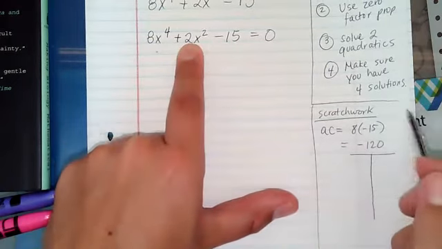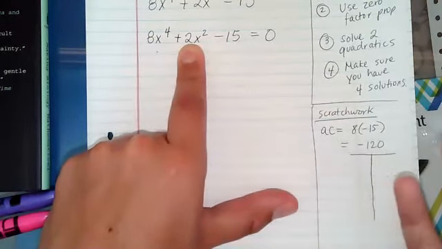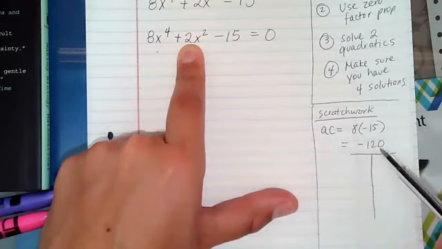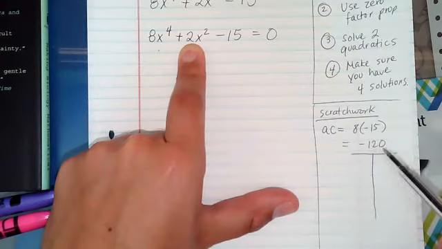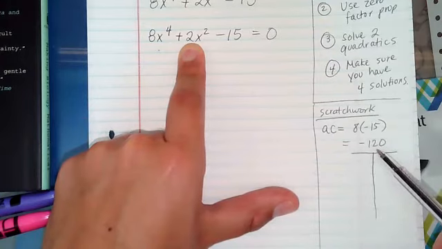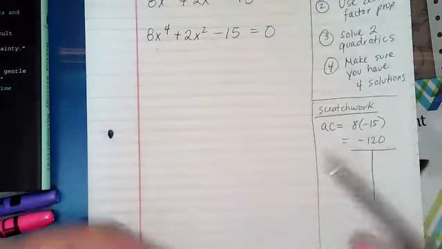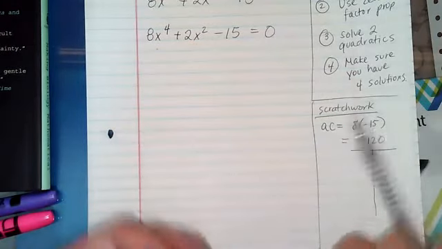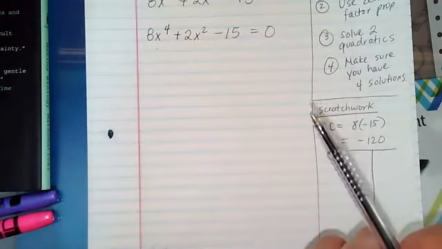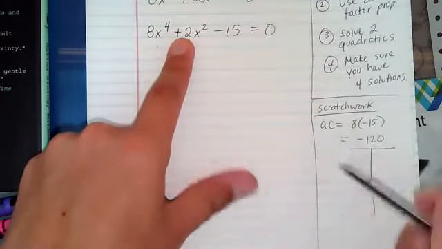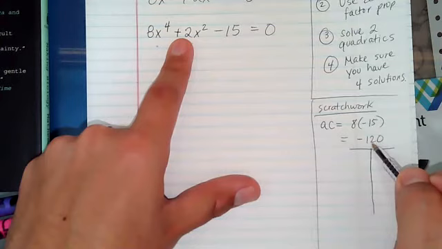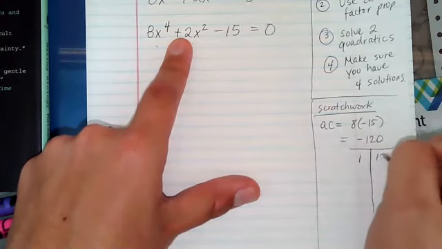And since this middle number is sort of small, what you might do is try to guess some factors that are close to getting us near 2, or a small number. When you add and subtract them, those numbers are going to be close to each other, so that whatever's remaining is just going to be a smaller number like 2. So I might say, okay, if you started at 1 and 120, that's perfectly fine.